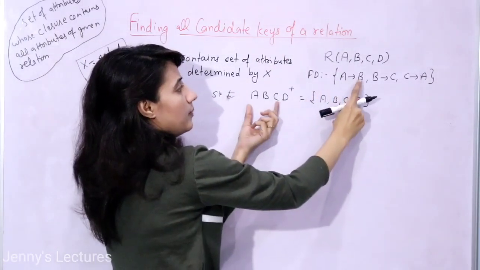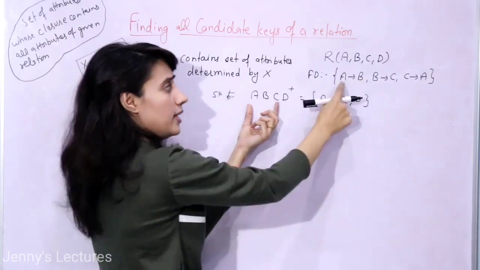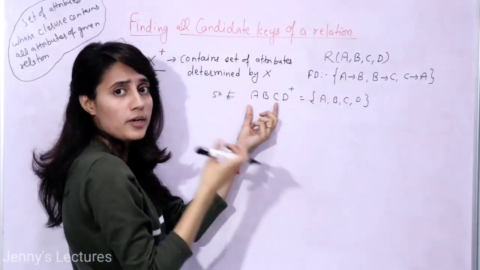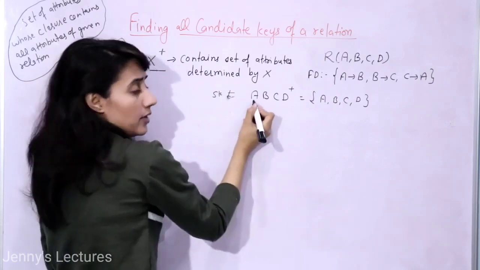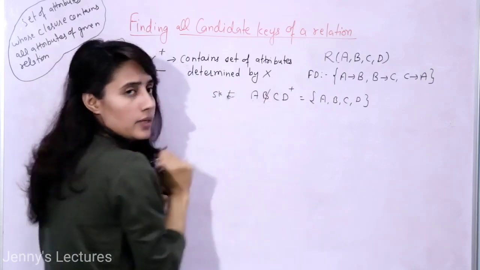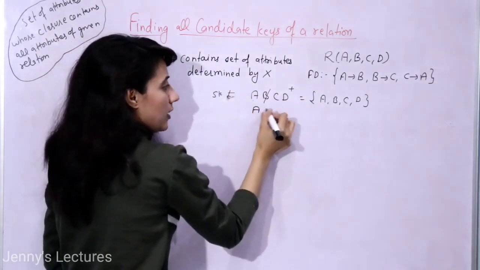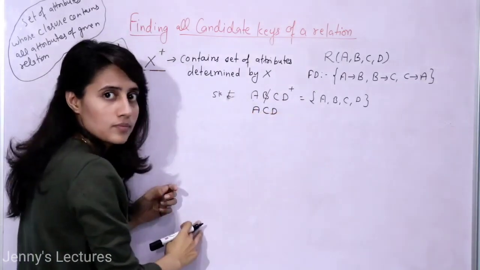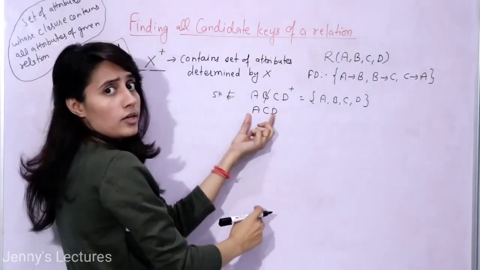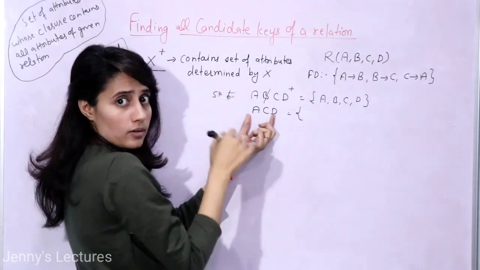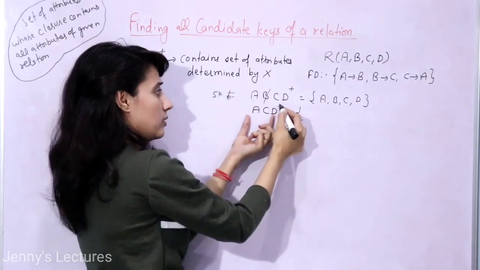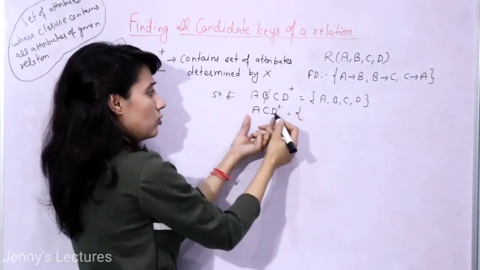Check the functional dependencies for this. See, A can determine B. If you have A, you can determine A as well as B. I have A, so I can discard B here. So now A, C and D. Using these three only, I can determine all the attributes. If you want to check, you can check the closure of this.